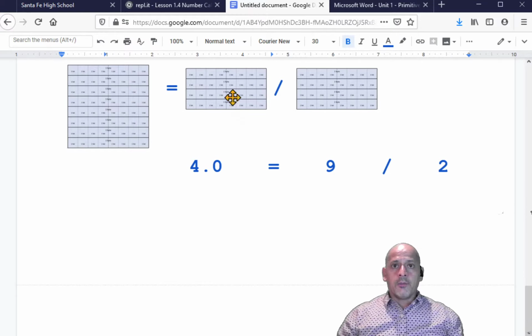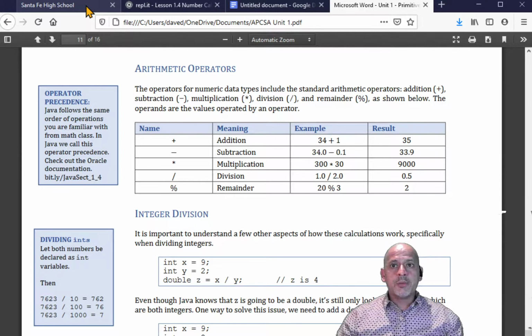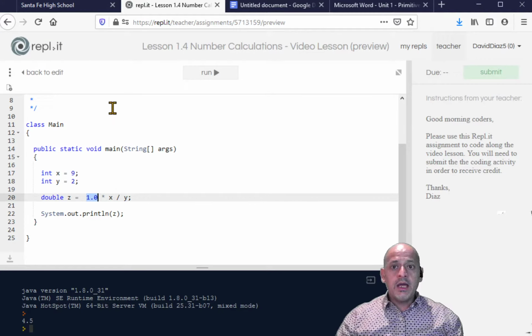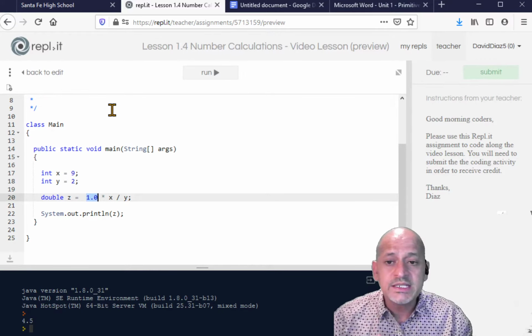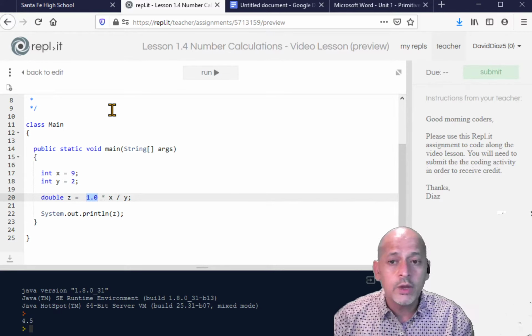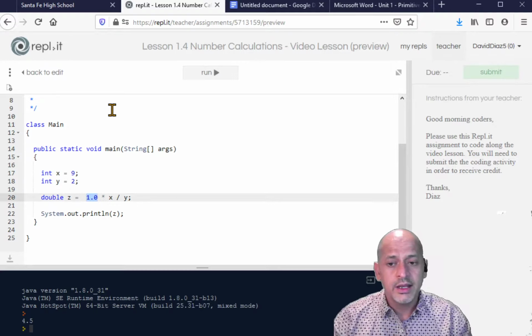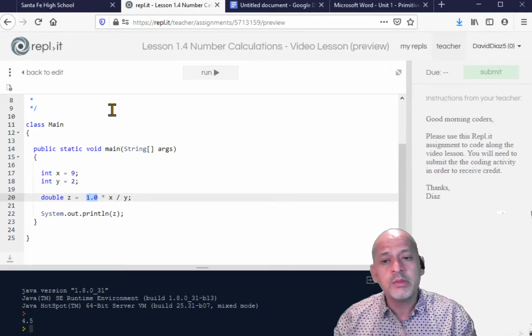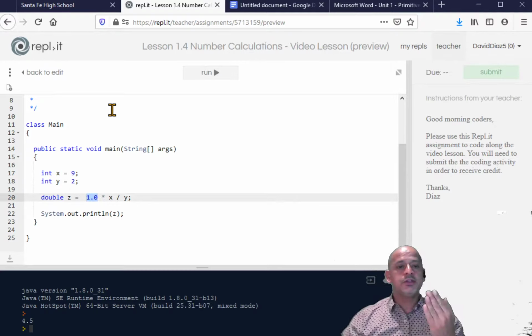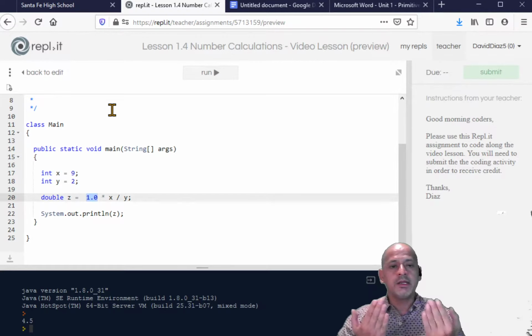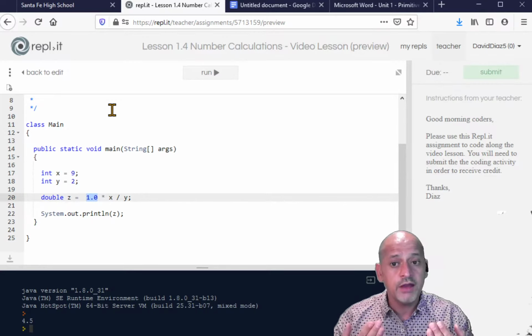So therefore, we want to make sure that if we do want to keep the decimal, we want to multiply by 1.0 beforehand. And that is a very common mistake, that we have an integer divided by an integer. 9 divided by 2, you're going to think it's 4.5.